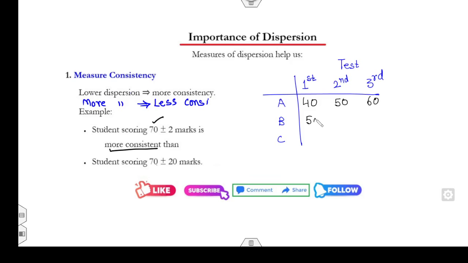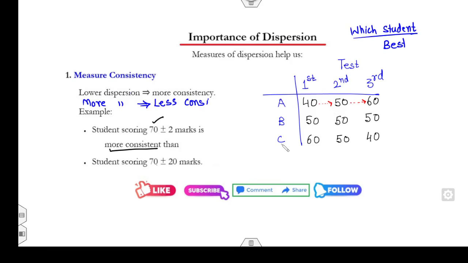In the second case it is 50, 50, 50, while the third student is 60, 50 and 40. So according to you, which student is the best student? Clearly, student A is performing better and increasing their marks. That means they are a hard worker or have improved their performance.